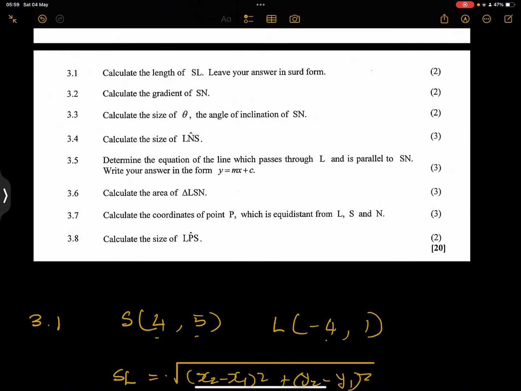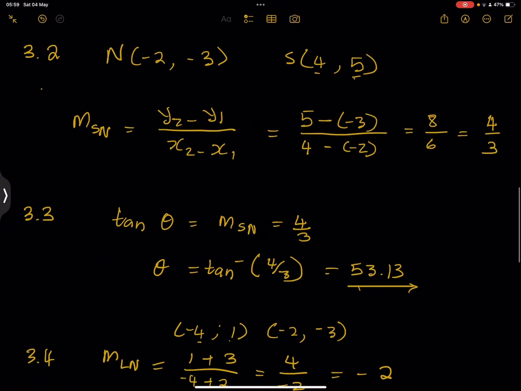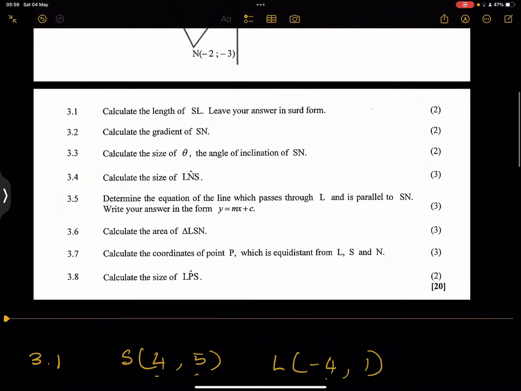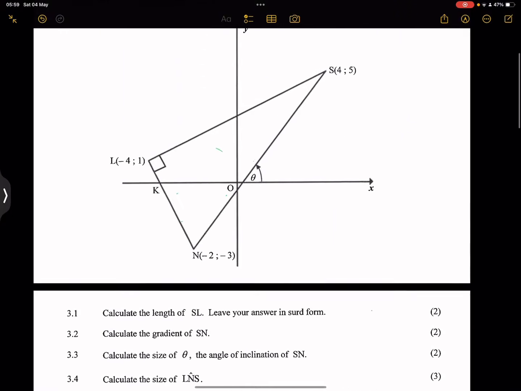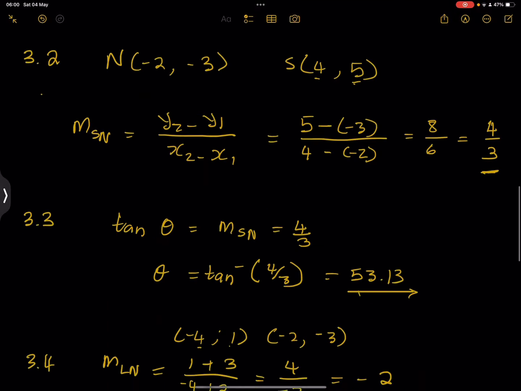They say that we must determine the equation of the line which passes through L and is parallel to SN. Remember we found the gradient of SN, if you remember, that was 4 over 3. But they said this line passes through L. The coordinates of L are (-4, 1).